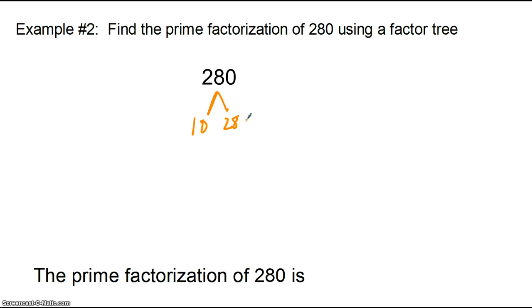It's 28. I'm going to branch off to my 10 and do 5 times 2, because that's 10. I know that 5 and 2 are both prime numbers, so I can stop on that branch. But I can't forget to go back over to 28. 28, I'm going to say 7 and 4.